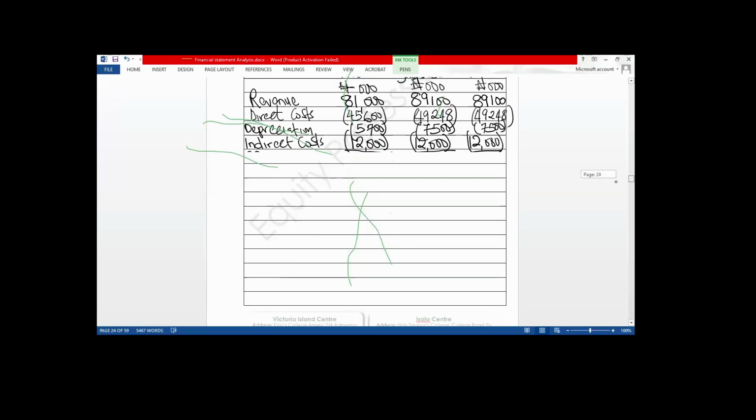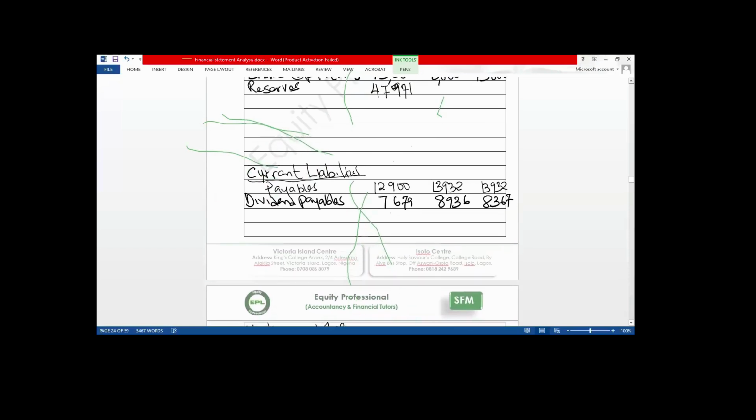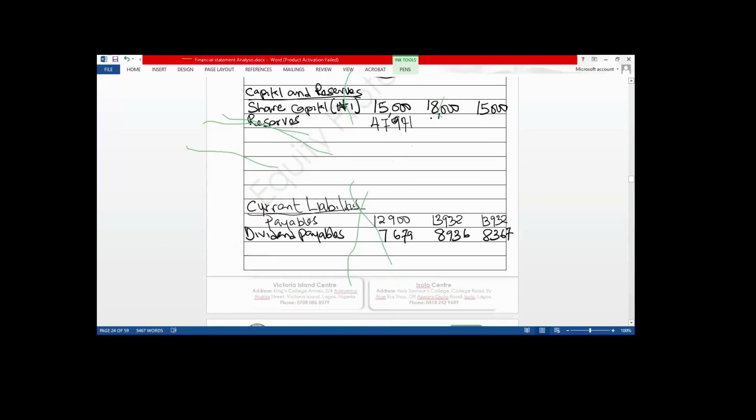Statement of balance sheet now. This is 65,928, 53,549. You can sum these two together. Share capital plus reserve will give you shareholders' funds.